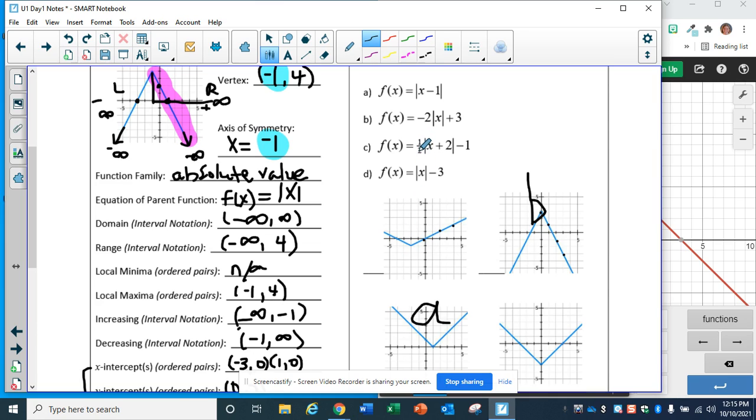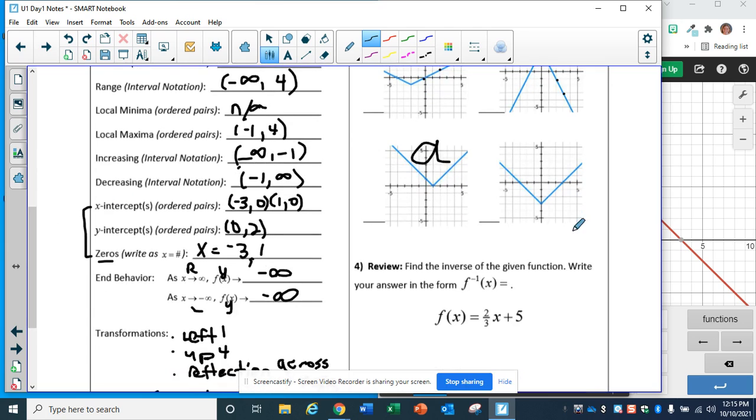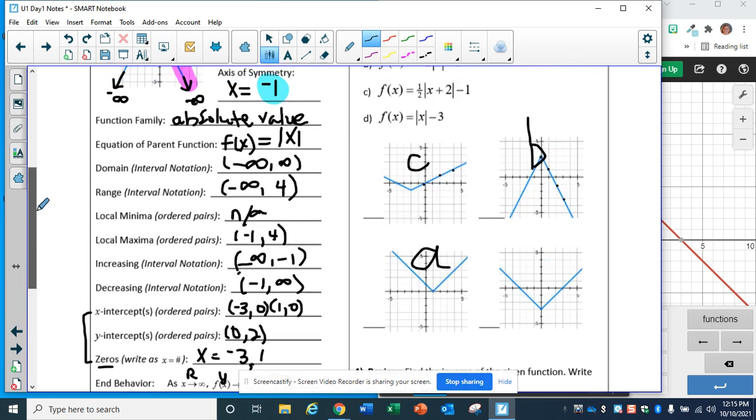My slope is 1/2, but notice it's still going up because it's positive. This made it go left 2, so here's my left 2, and then this made it go down 1, so this would be C. And then this last one went down 3, and that's really all it did, so this would be D.